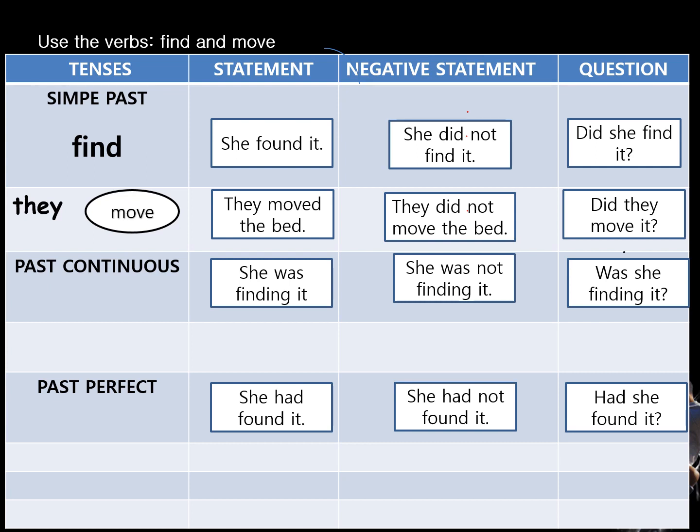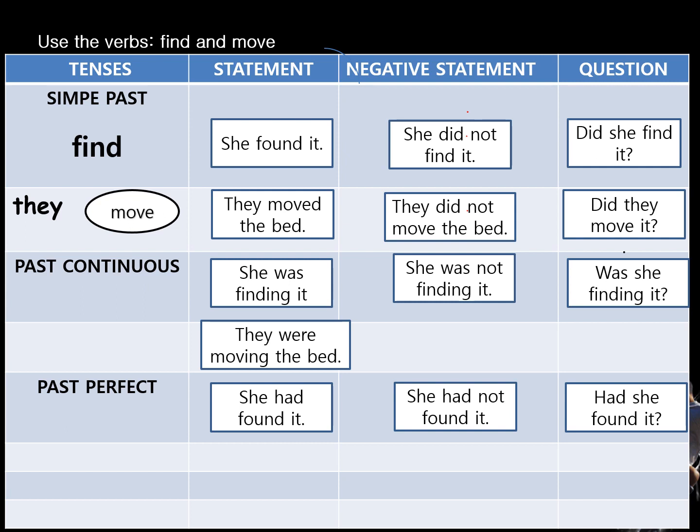Let's continue with the past continuous. So we have their move. So if we want to make it past continuous, we have they were moving the bed. So remember, when it is in the past and we want it past continuous, we use the helping verb was for singular subject, followed by a verb in its ing form.